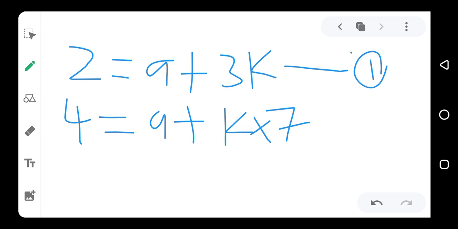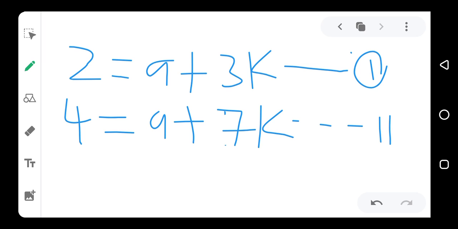K times 7 is equal to 7k, sorry. So we can remove that and say 7k. Now that becomes equation 2.